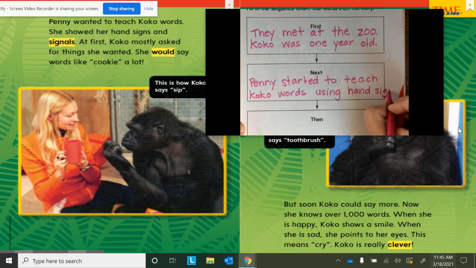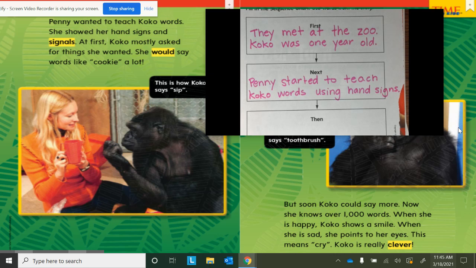Now it's okay if you go past the box, just like I did. Okay, so she began teaching her some sign language or some hand signs. So again, if you need to pause this video and write that down, please do so.